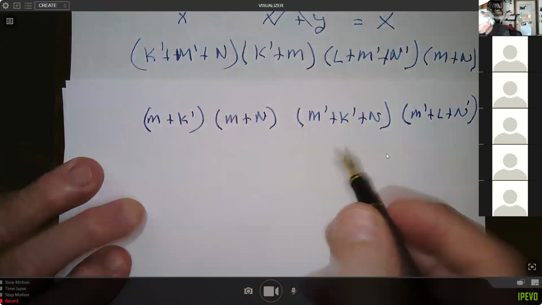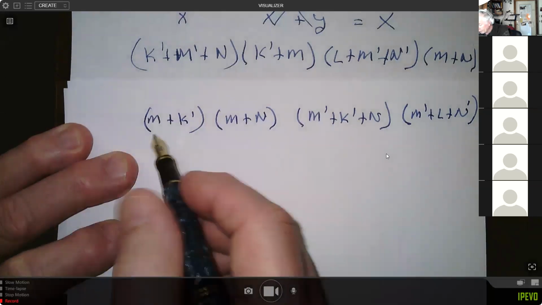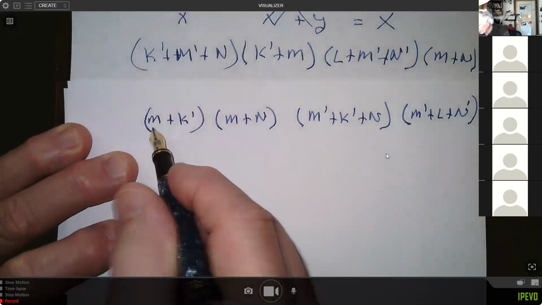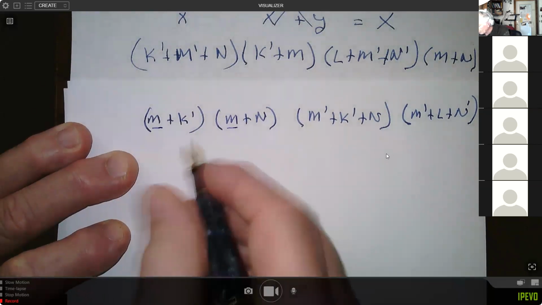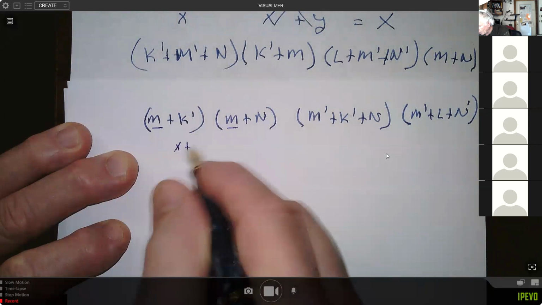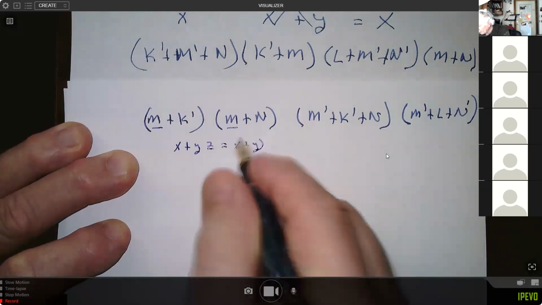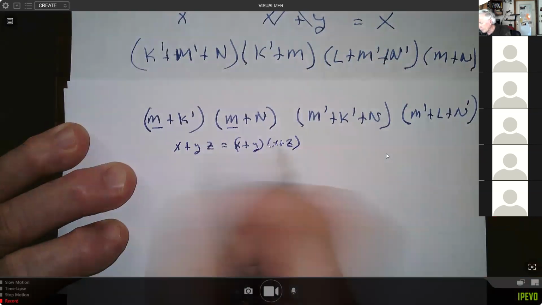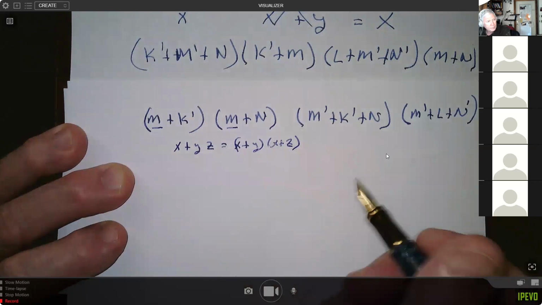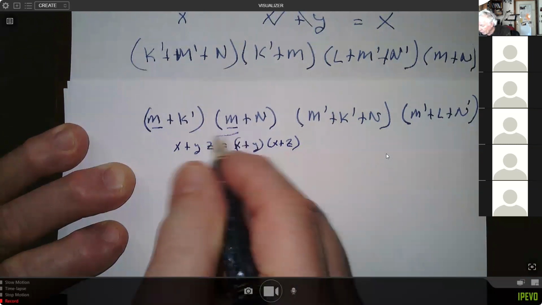All right, so now we can do a couple of different things. Obviously, we could use the second distributive law here because we have M's. So let me write that out: X plus YZ equals X plus Y quantity times X plus Z. Which way are we applying this law, right to left or left to right? Right to left is correct. So I'll draw the arrow.